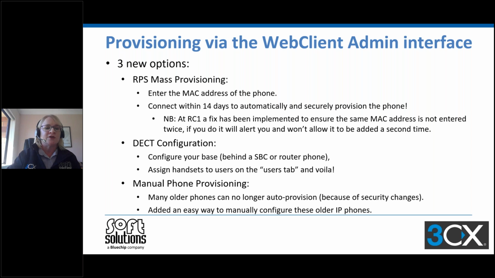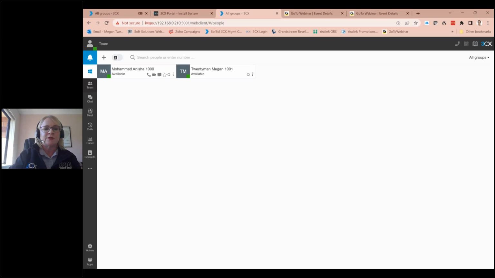So I'm now just going to jump across to our, let me concentrate as I go to the right place. Here we go. Okay, we're just switching across to our live 3CX. So this is our, oops, what have I done? Sorry, I've just paused it.